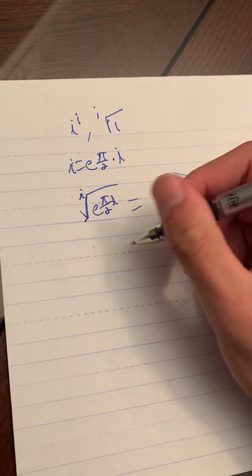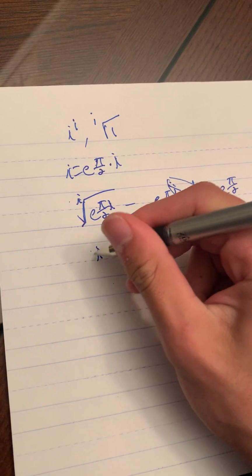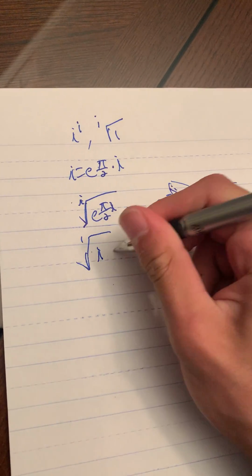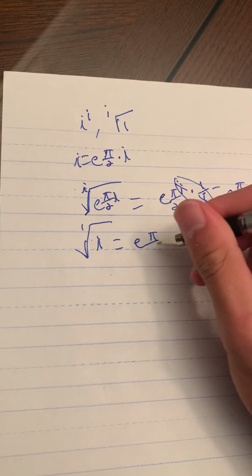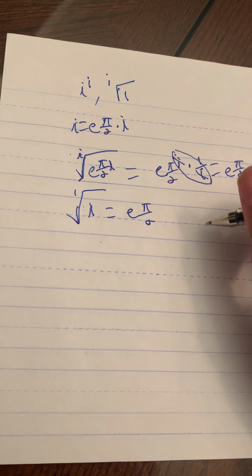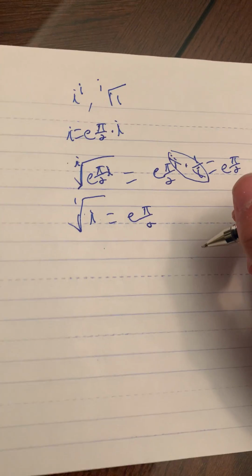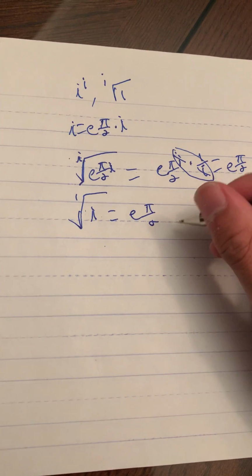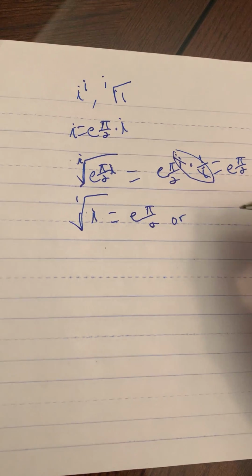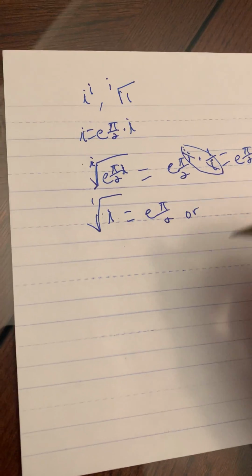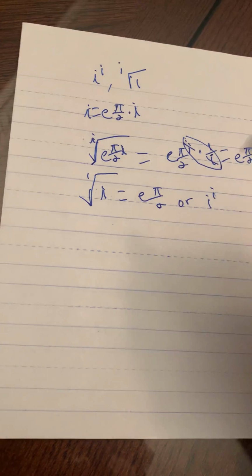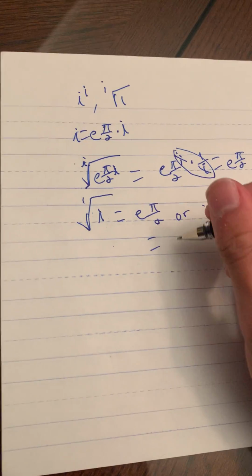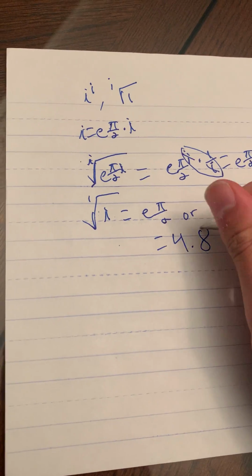So i to the root i equals e to the pi over 2, or the positive version of i to the i. So this, the positive version of i to the i that we learned in our last problem, equals approximately 4.8.